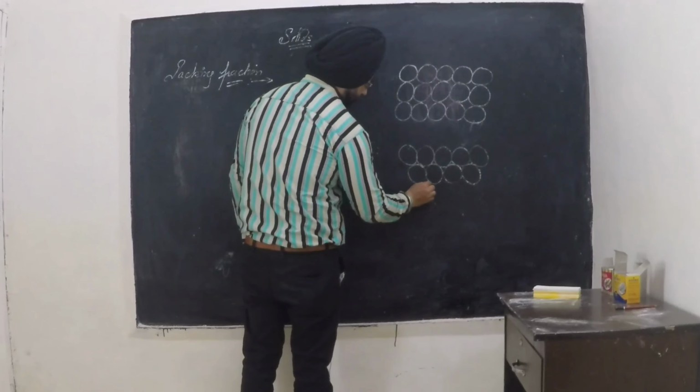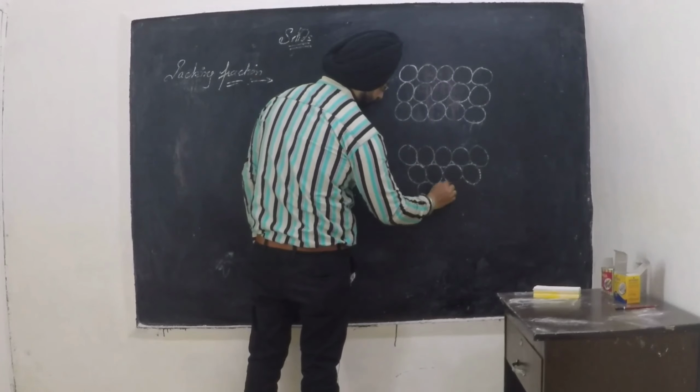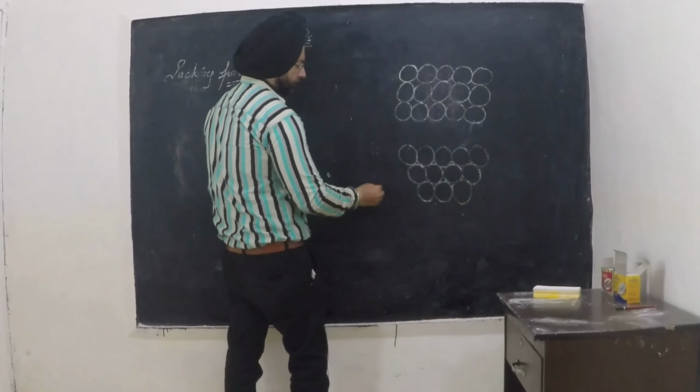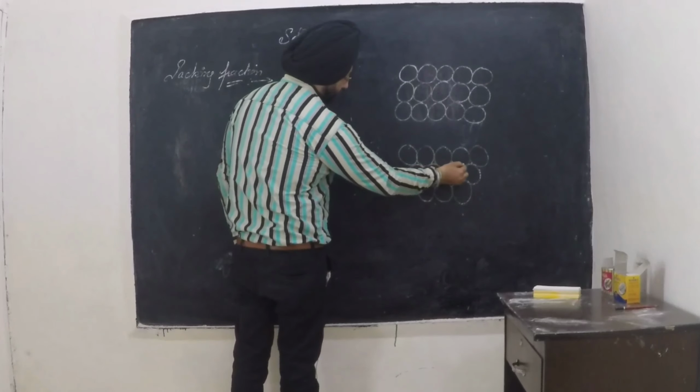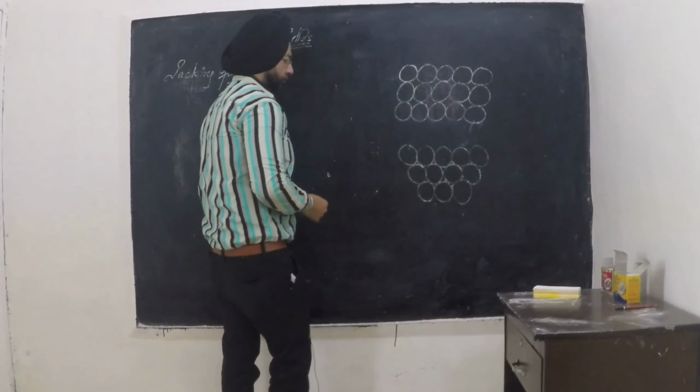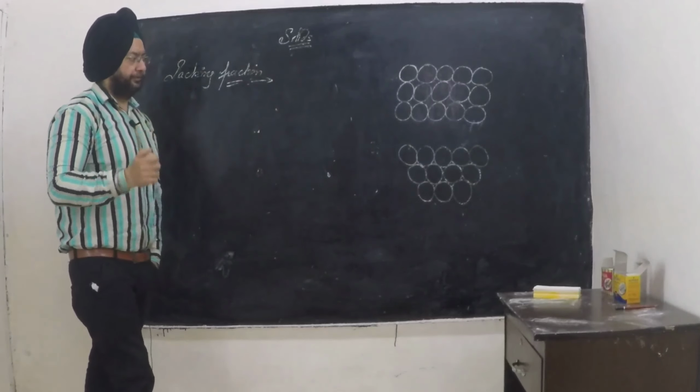After their close packing, there are some gaps or vacant spaces between the spheres which can never be covered.